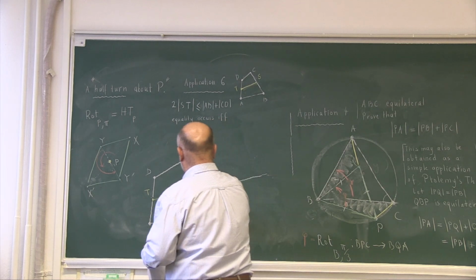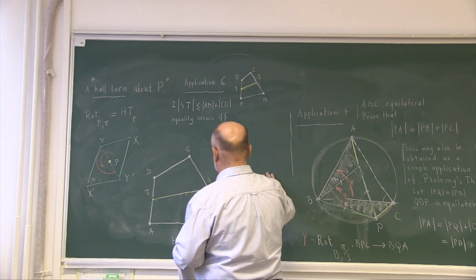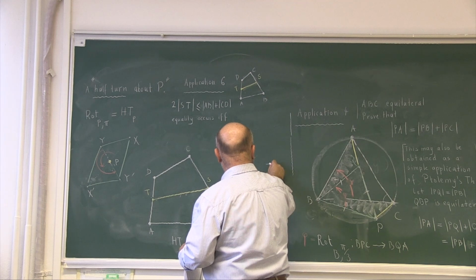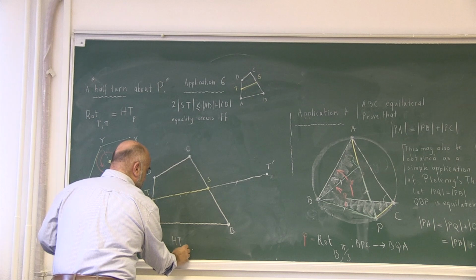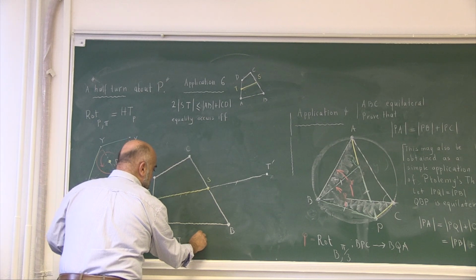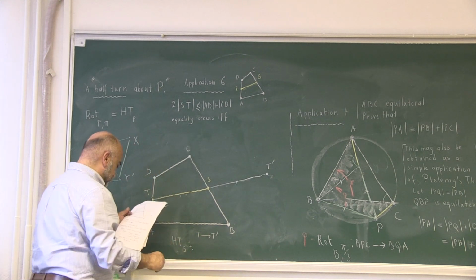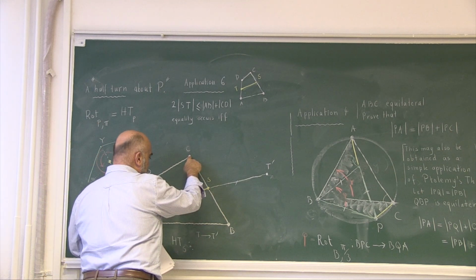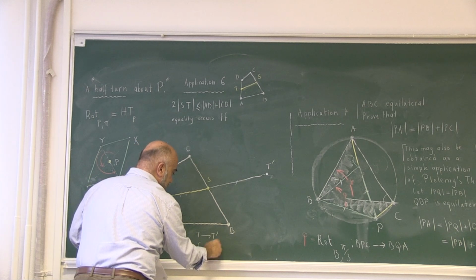So this piece is equal to this piece, and in fact I choose T prime in such a way. I have taken a half turn with center S, so that of course the point T goes into a new point T prime. But of course, C is not interesting. C goes into B, and that is obvious.